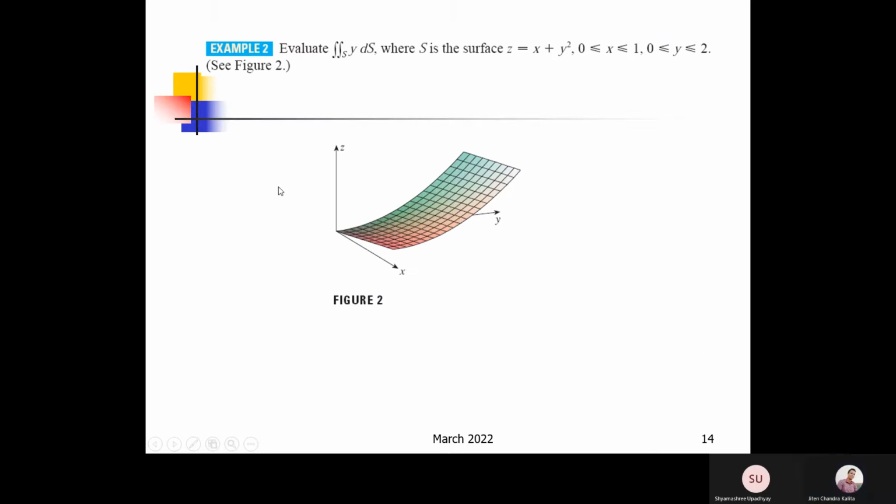So here, you have to evaluate the integral of y dS, where S is the surface z equal to x plus y squared.